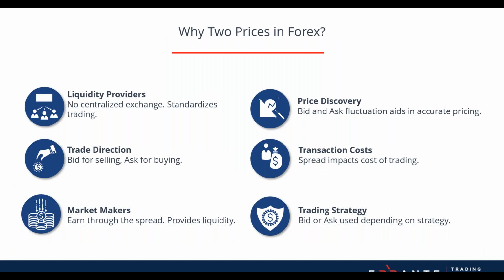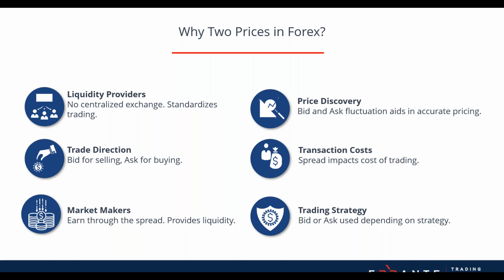Okay, let's now tackle a question that often puzzles forex newcomers. Why are there always two prices, the bid and the ask? In the forex market, you will always encounter two prices for every currency pair, the bid and the ask. At its core, this dual pricing system reflects the supply and demand dynamics of the forex marketplace.